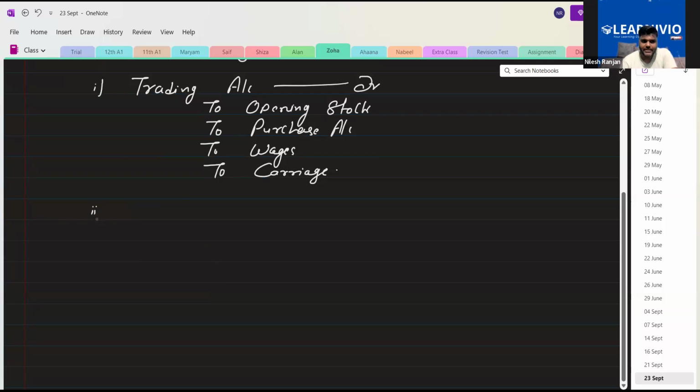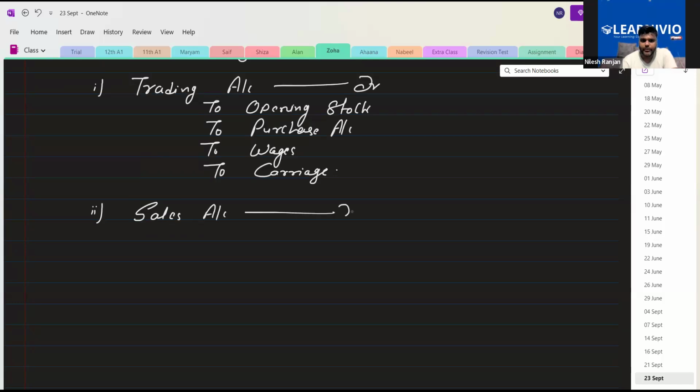Now on the credit side of the trading account, sales will be written: sales account debit to trading account. Actually, we can also write closing stock to sales account debit to trading account. So these are for the trading account. Then the profit and loss account.